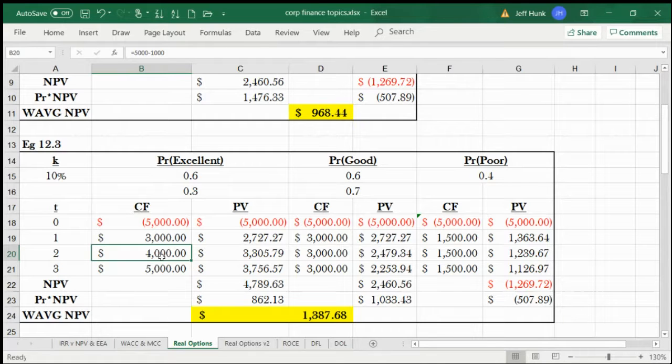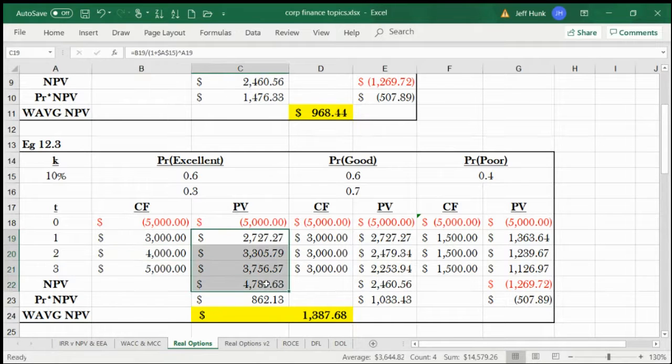So that is a cash outflow, and $5 million is cash inflow. So the balance is $4 million. And here you are finding the present value, same technique.